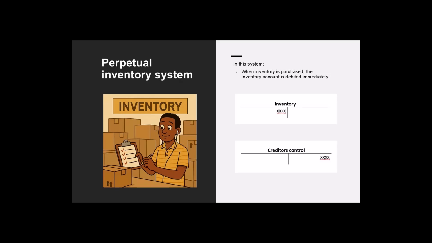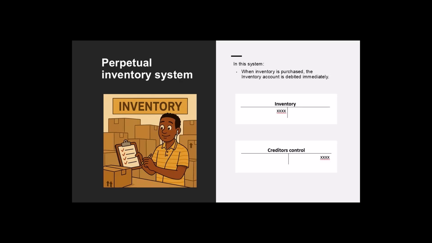When we buy on credit, two things happen in our books. Our inventory increases because we now have more stock, and we owe the supplier, so creditors control increases. In accounting terms, that's debit inventory and credit creditors control. When we return goods to the supplier, the opposite happens.